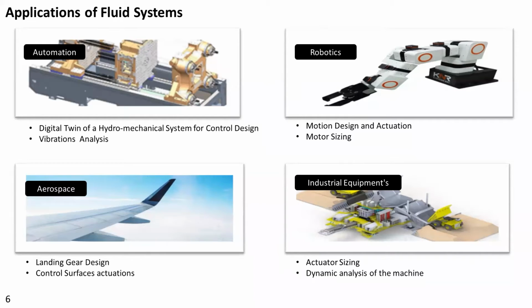Finally, when we're talking about industrial equipment, the snippet that you see here is a model of a dual truck mobile sizer that we did with F.L. Schmidt. This particular model is a full-on multi-domain model, which allowed us to perform a series of tasks such as dimensioning of hydraulic components, designing and examining the dynamic stresses in the model, and even load estimation. These were all the different questions or tasks that were handled using this full-fledged multi-domain project.